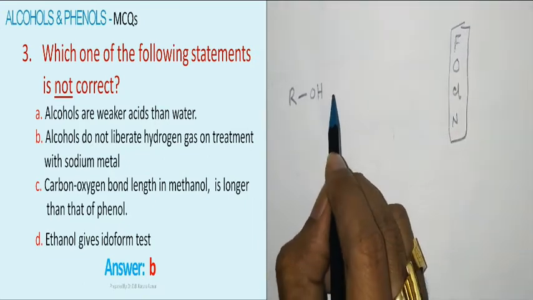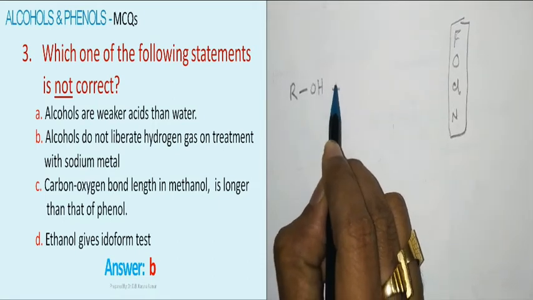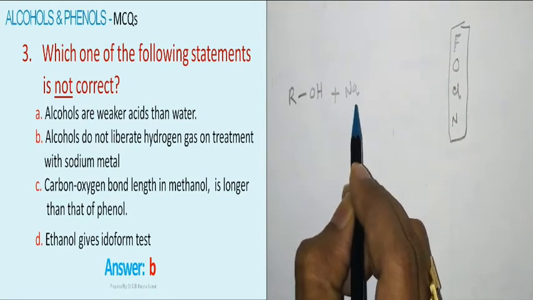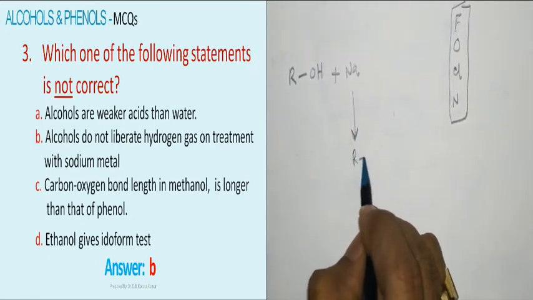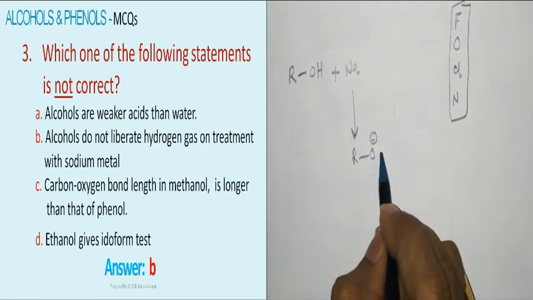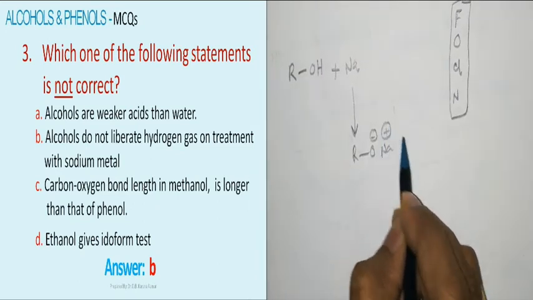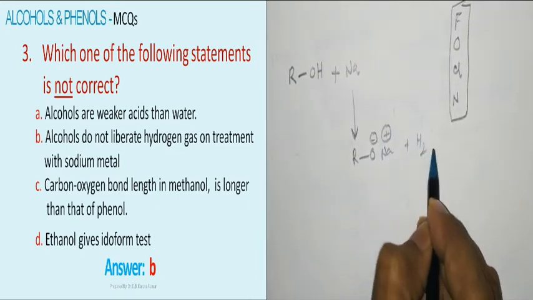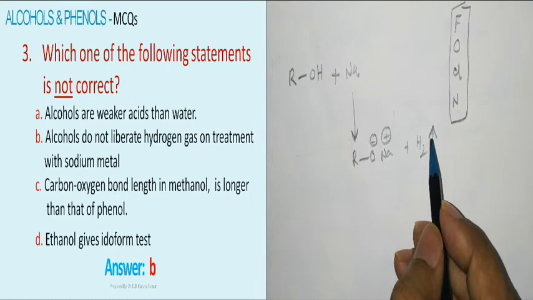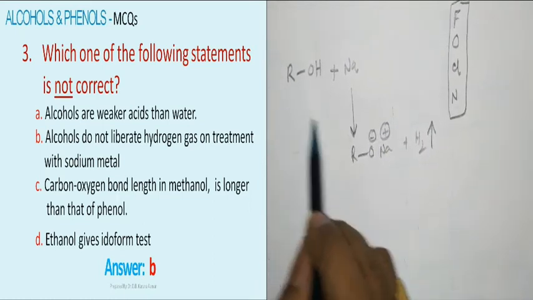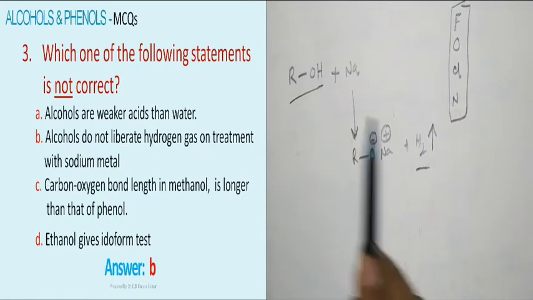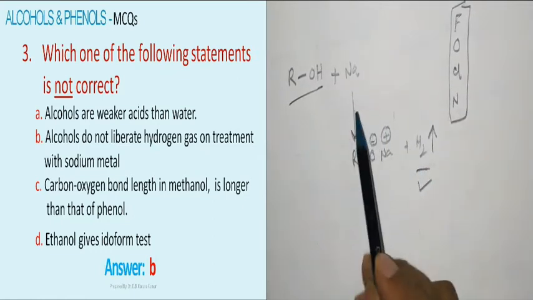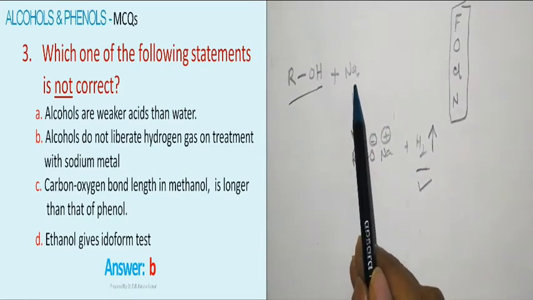All these compounds generally, on treatment with active metals like sodium, potassium, etc., liberate hydrogen gas. So here we get sodium alkoxide formed like this with the liberation of hydrogen gas. But in the second statement he is saying alcohols do not liberate hydrogen gas, which is wrong. Alcohols do liberate hydrogen gas on treatment with active metals like sodium.